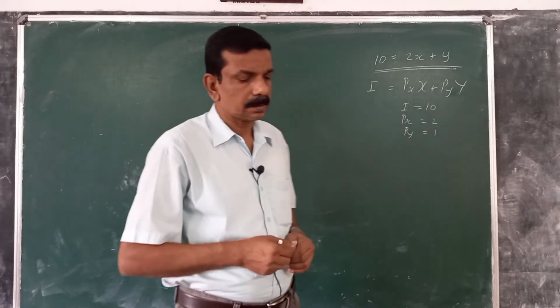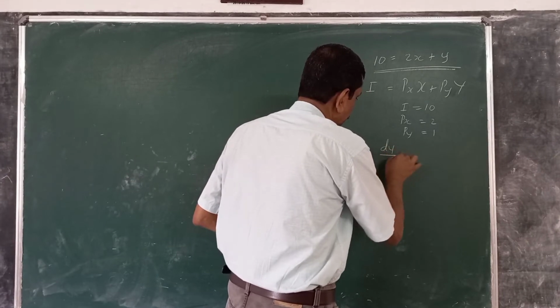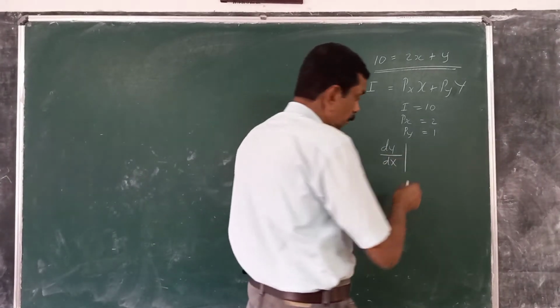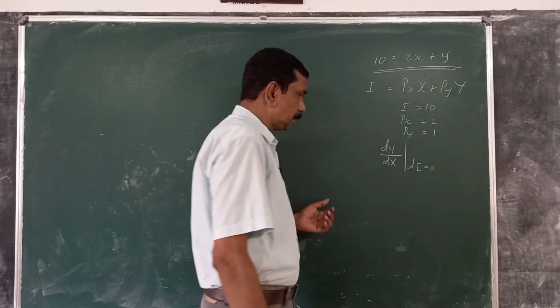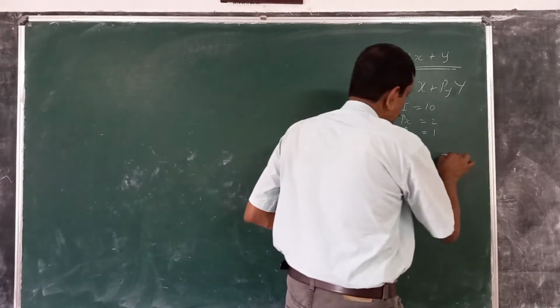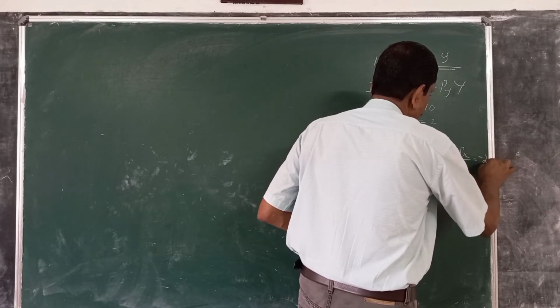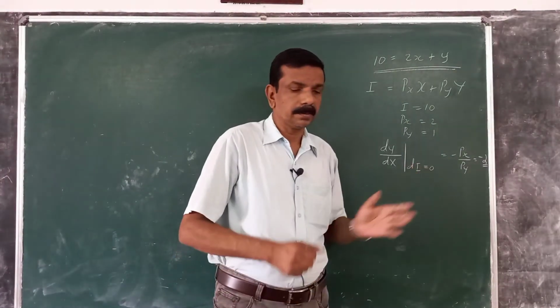And the slope of the budget line, dy by dx with dI equal to 0, that is, change in income equal to 0, is minus Px by Py, which is minus 2, or if you take the absolute value, it is 2.